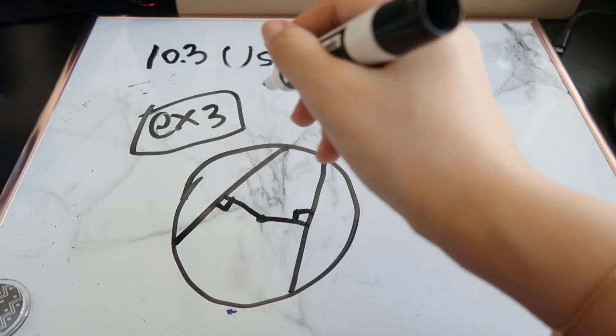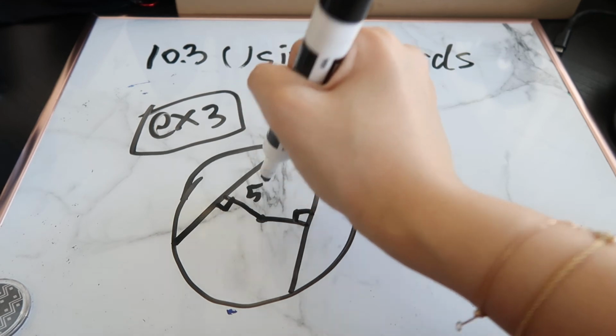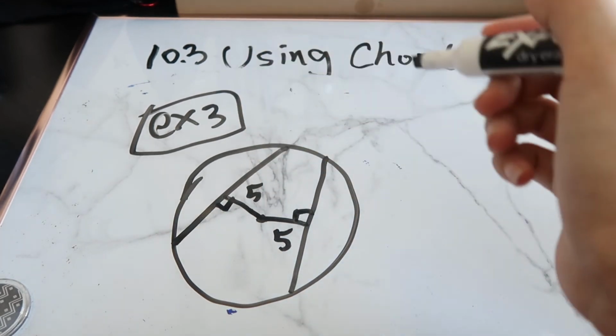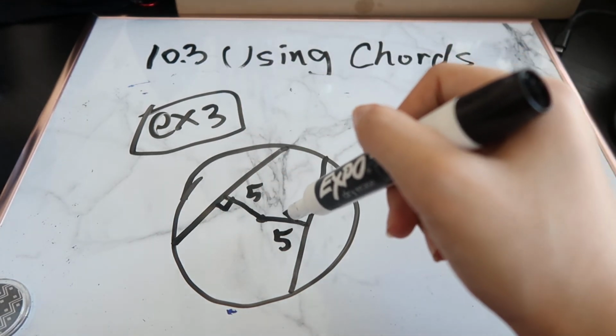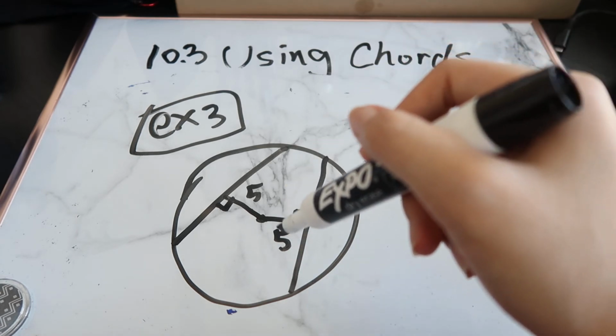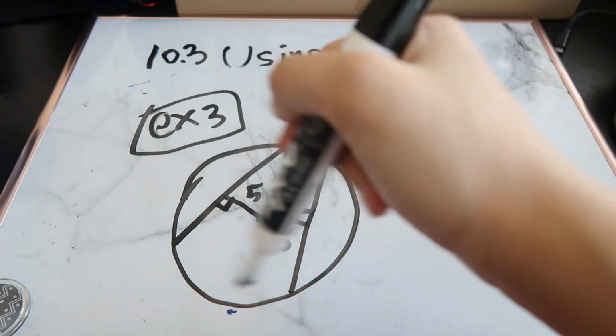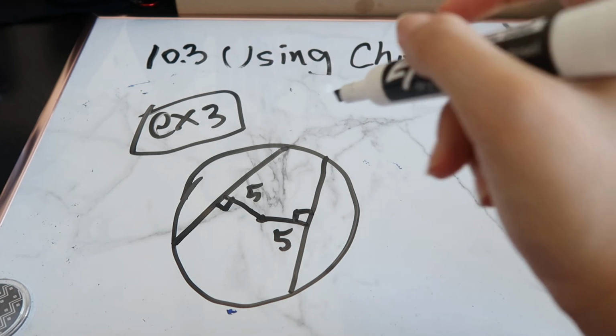So everything I'm drawing down is given to you in the problem, so you're not making anything up. You cannot say, if it only tells you this part is 5, you cannot just assume the other part is also 5. But in this case, they're both given to you, so you know they equal each other.